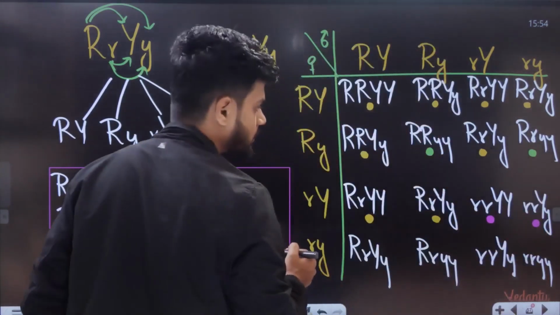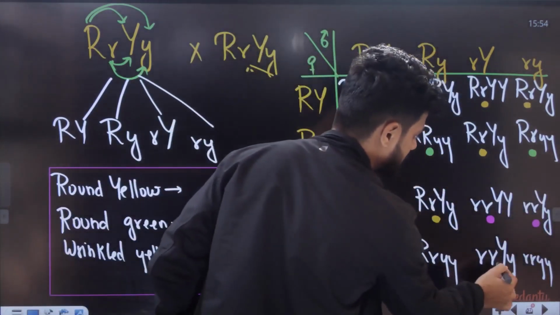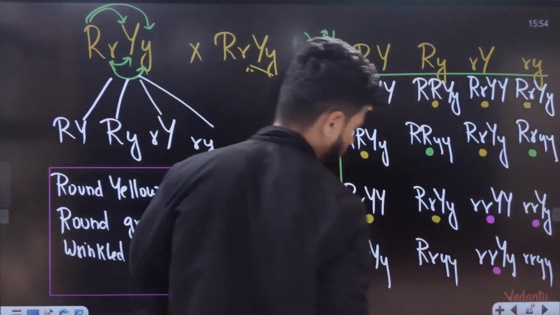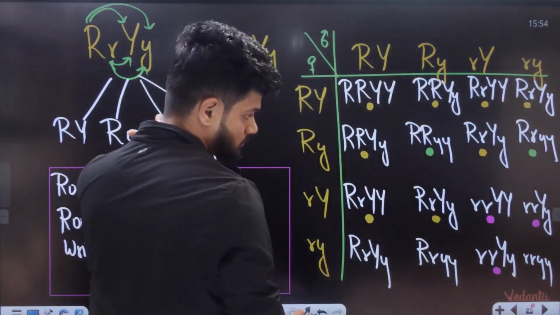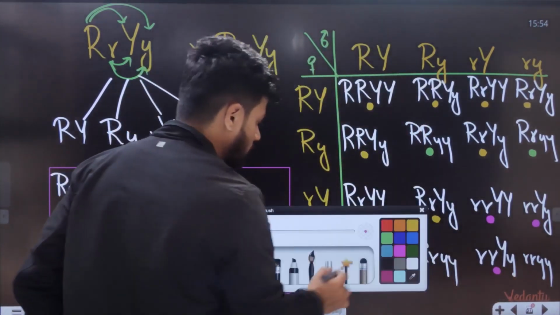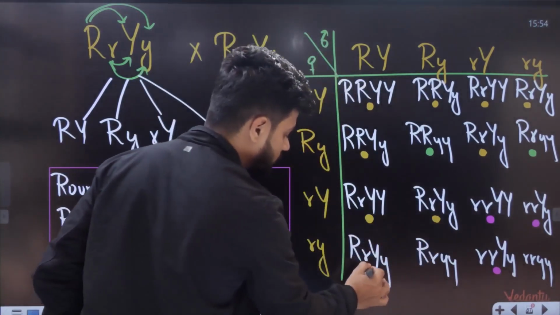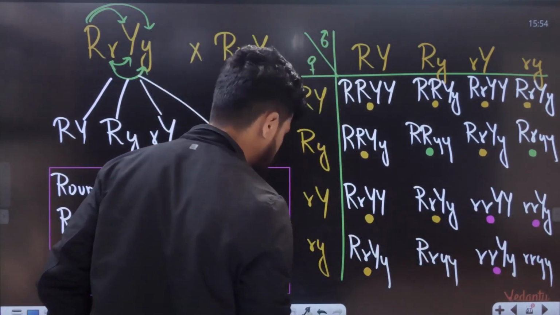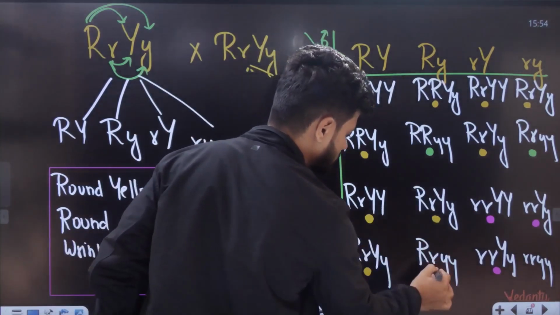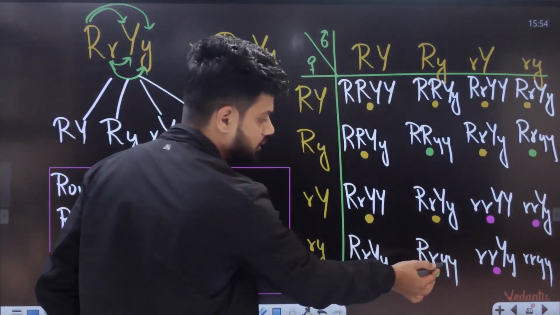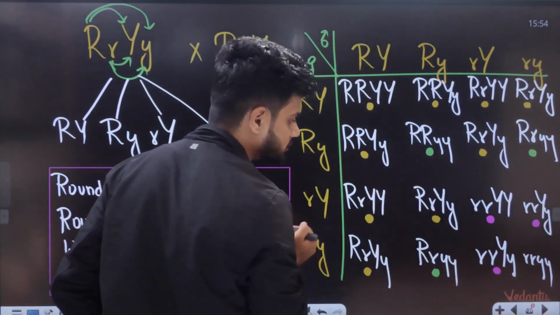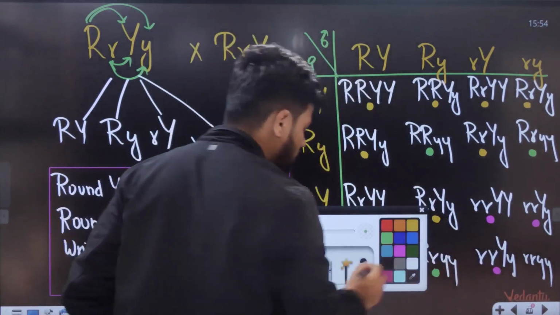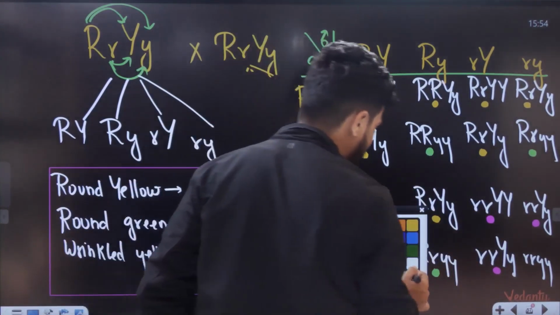I can see one more here, wrinkled yellow. This is going to be round and yellow. Round and green. Round, small y is green. Wrinkled yellow. Last one is going to be wrinkled and green also.